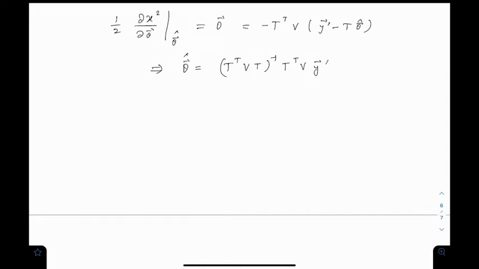Now this T transpose V times T is a symmetric p cross p matrix which has a unique inverse, and this turns out to be the error matrix of theta.